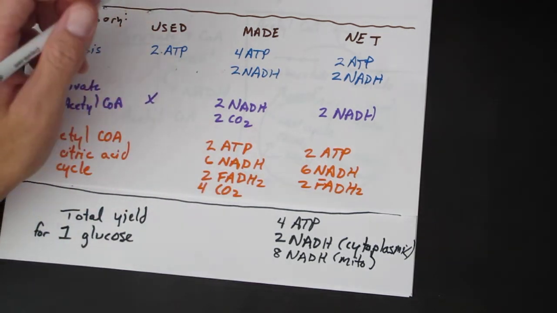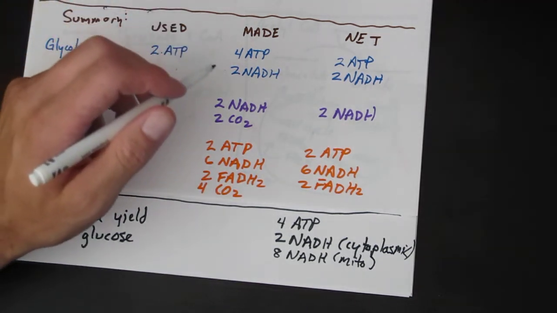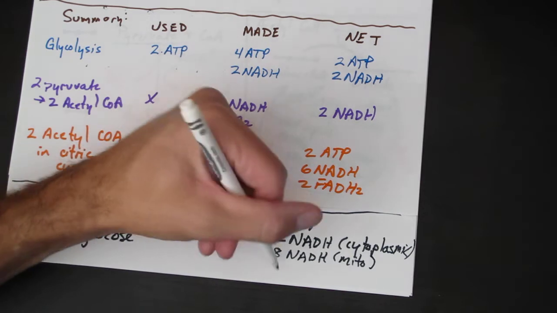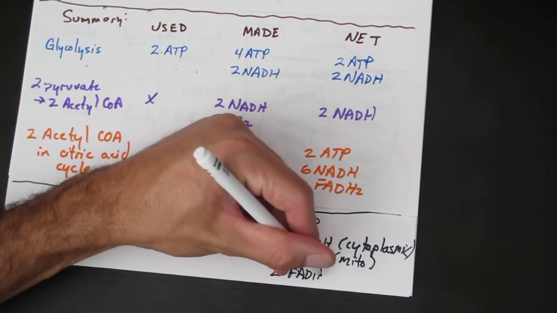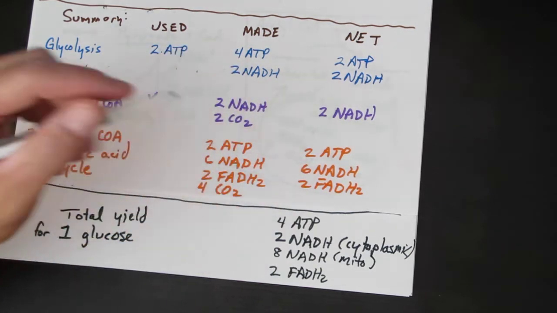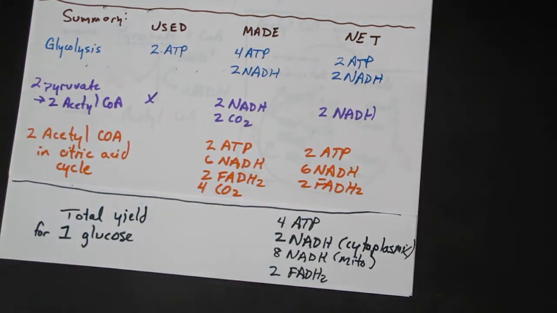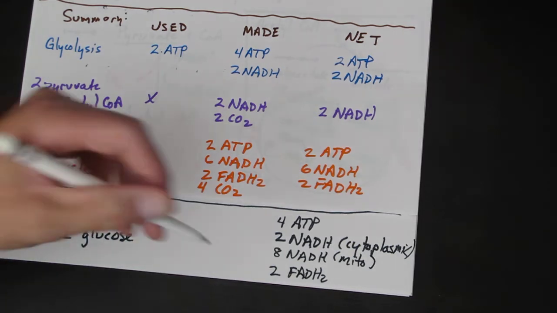So I'm just making that differentiation so that we can return to that later if we have a little bit of time. And then we have 2 FADH2. So at the end of this process, at the end of glycolysis and the citric acid cycle, we've produced 4 ATP, okay? But we know that ultimately we're going to get over 30 ATP from this glucose molecule. So we still have a long way to go, right?